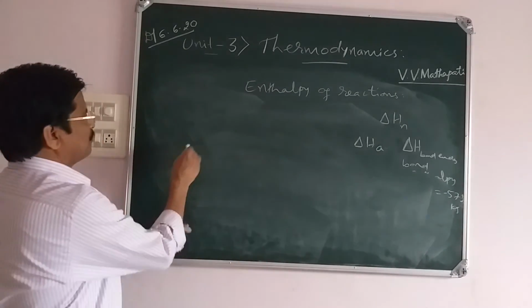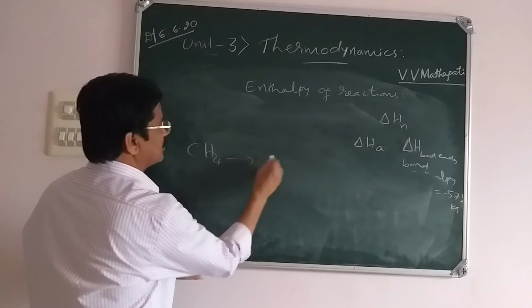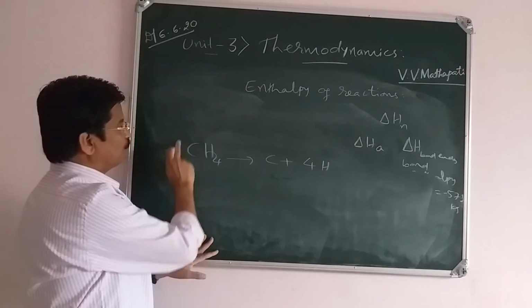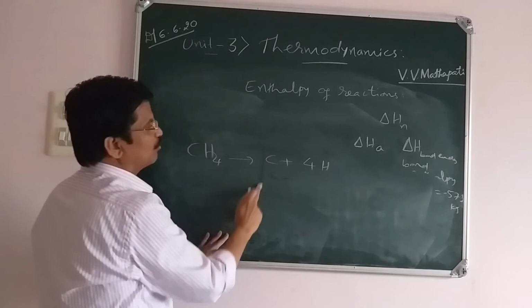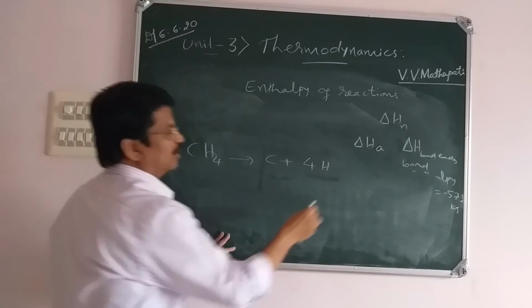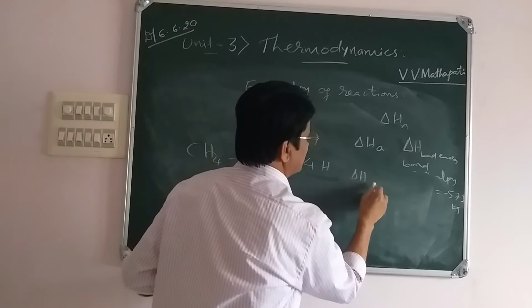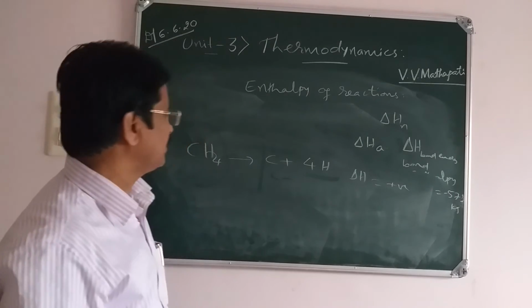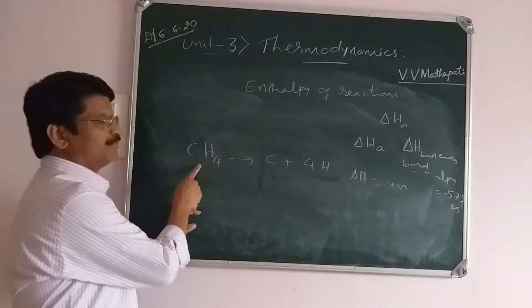So in the atomization process, CH4 gives C plus 4H, converting 1 mole of methane to 1 mole of carbon and 4 moles of H. These are atoms, and whatever delta H is there is positive; it is called enthalpy of atomization.